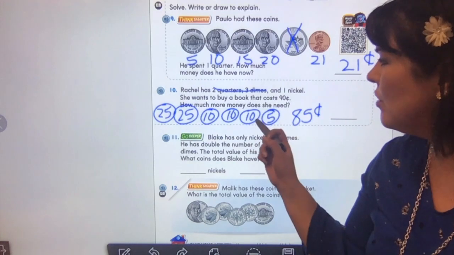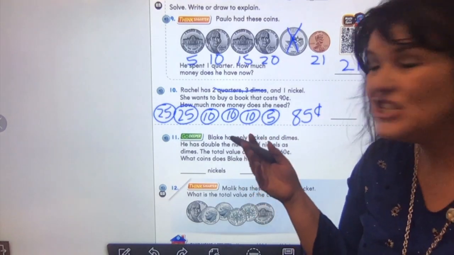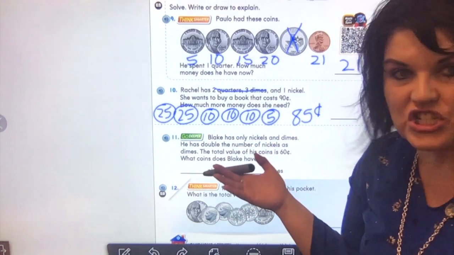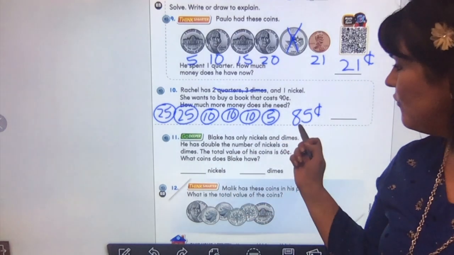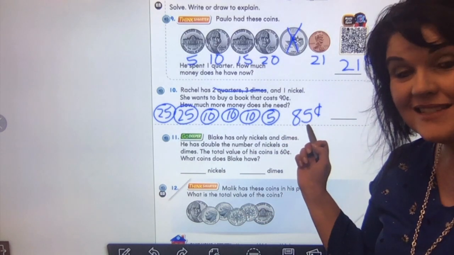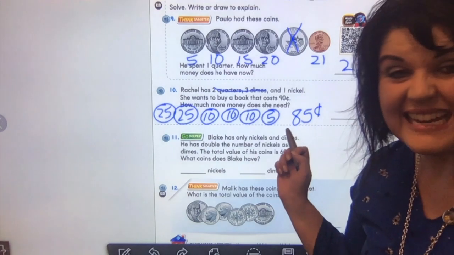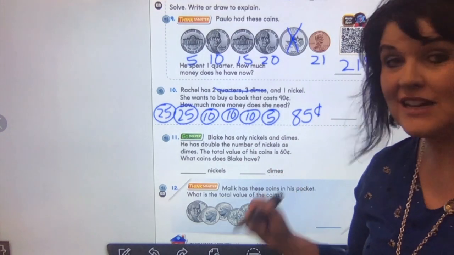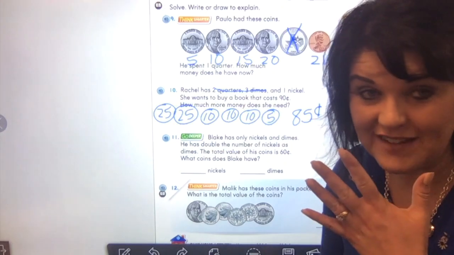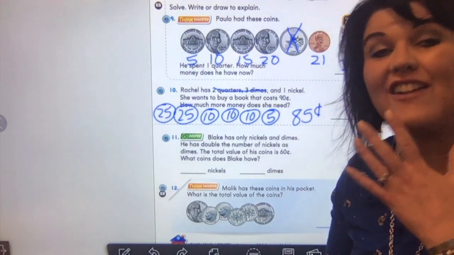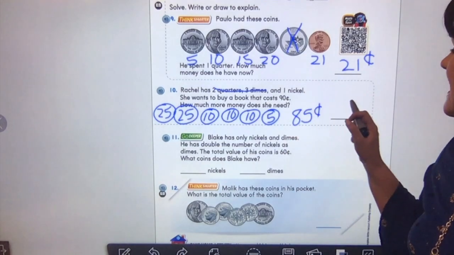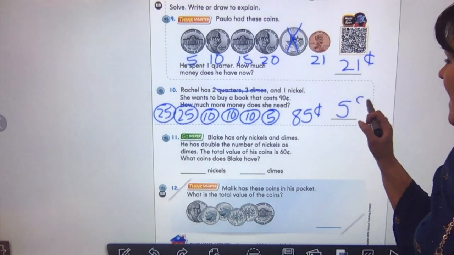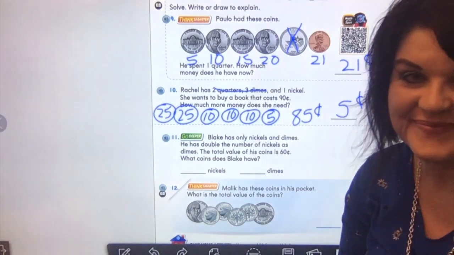How many more coins does she need to have? She could do 2 different ways. We know if we add 5 cents more on to 85, what do we get? 90. So she could use a nickel for 5 cents, or she could use 5 pennies, which would be the same value, but we know that she needs 5 cents more.